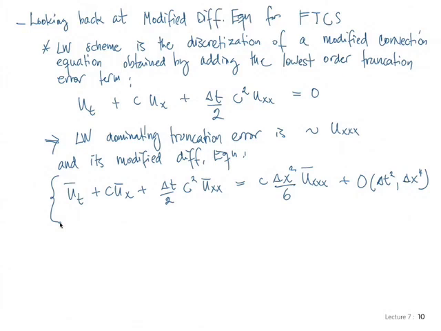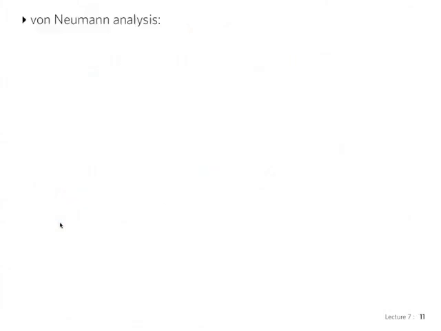Finally, we look at the stability analysis for this scheme, the von Neumann stability analysis. I'm going to skip some steps because you know how to do this already, and just write our amplification factor. You can check it afterwards.